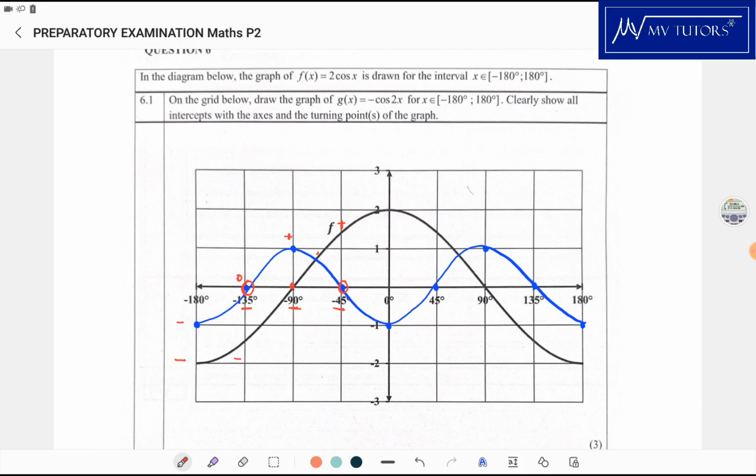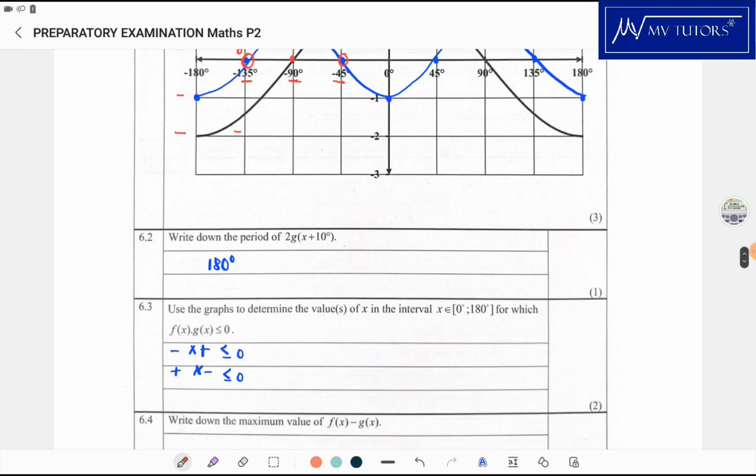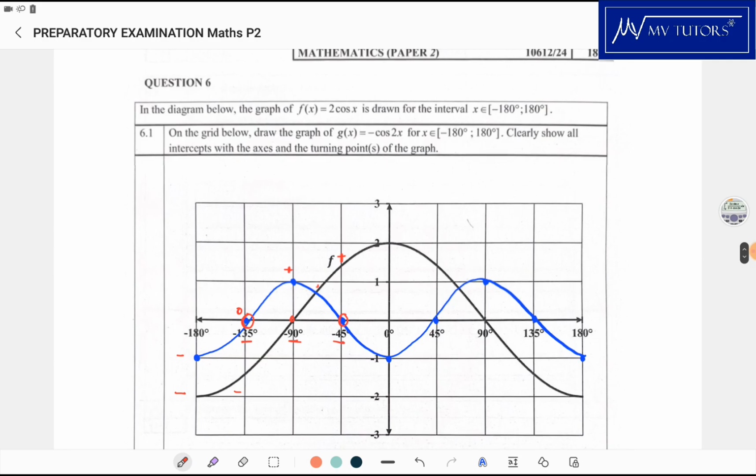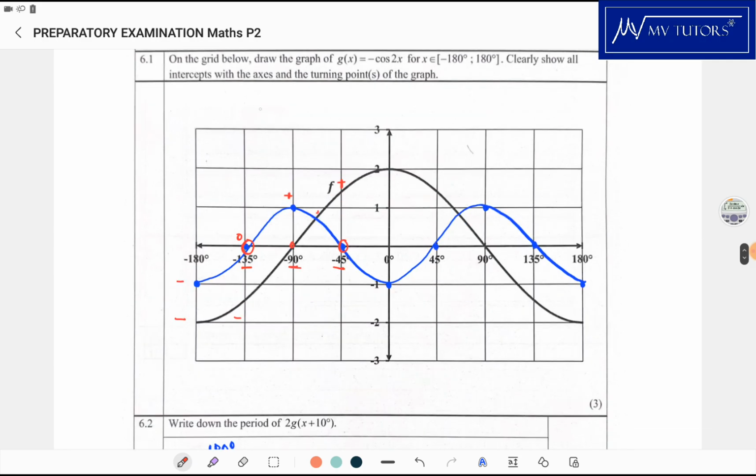Okay, they said smaller than or equal to 0. So we can see that x is between negative 135 and negative 90. Let's note that. So it's in that region. And then what else do we see?